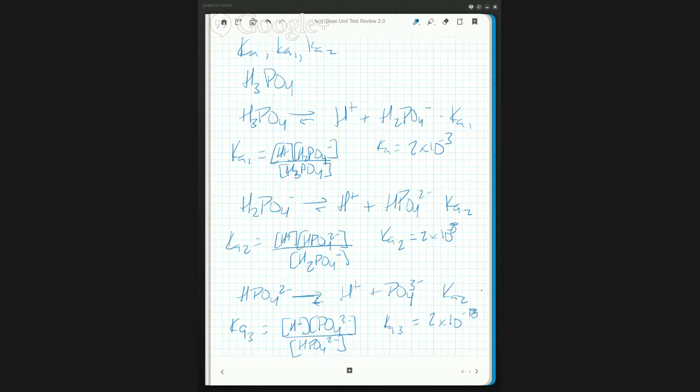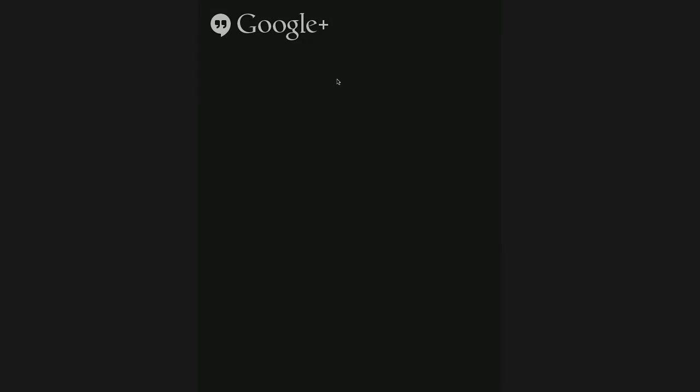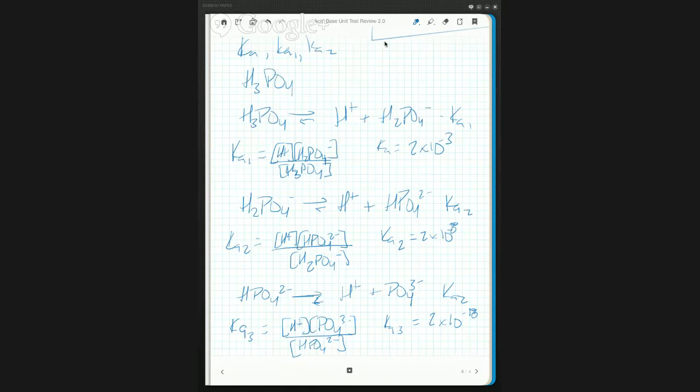So Ka is usually just related to a monoprotic acid, like a single proton. So your Ka, you're going to be dealing with monoprotic acids, okay?